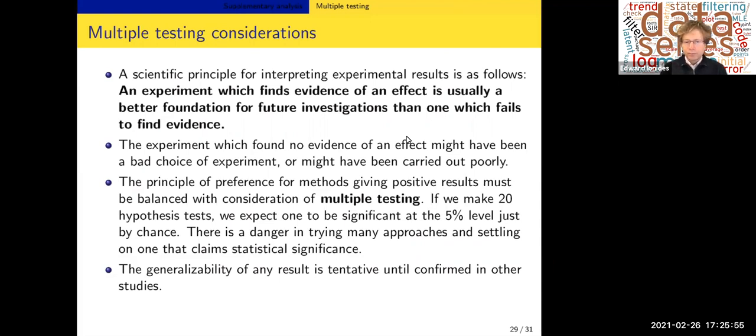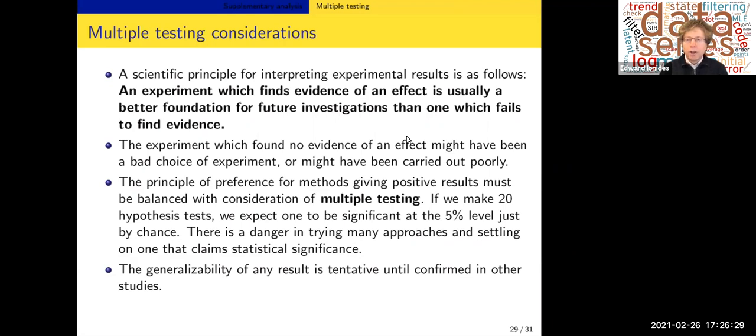If you make 20 hypothesis tests, you expect one to be significant at the 5% level just by chance. So when you do try multiple things, it becomes more important to look for a stronger effect to compensate for the fact you looked for many things, and checking that the effect is consistent across time intervals and maybe across data sets is all good stuff to do.